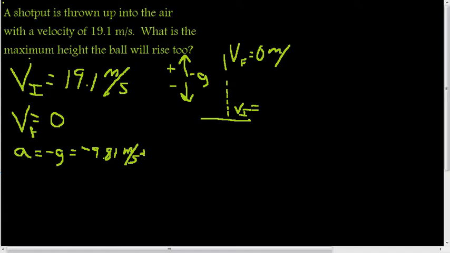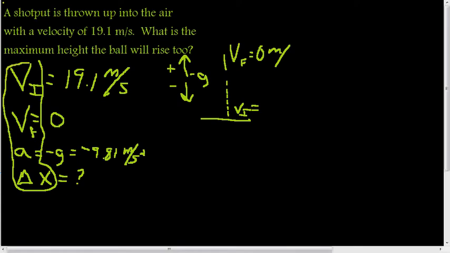And lastly, what is the maximum height? This is the displacement. This is what the problem's asking us to find. We're anticipating that this answer should come out positive since the ball traveled in a positive direction, with the initial position being lower than the final. Now, the equation we use for this should be one that includes all four of these variables here: Vi, Vf, a, and x.